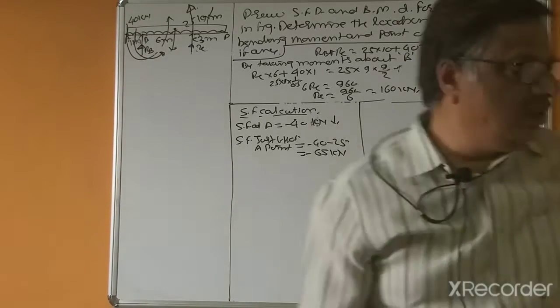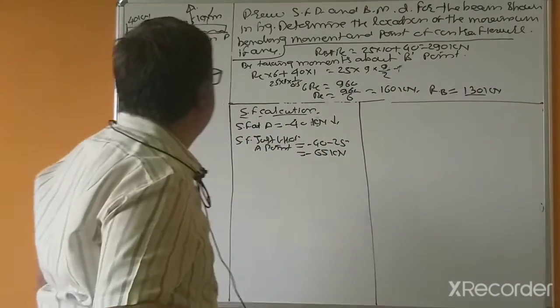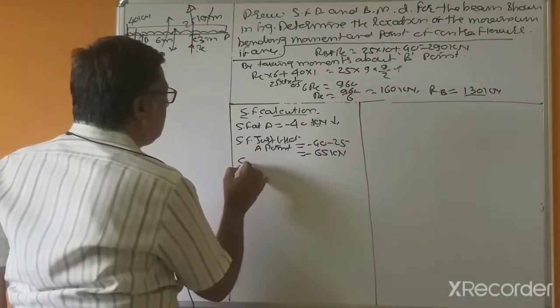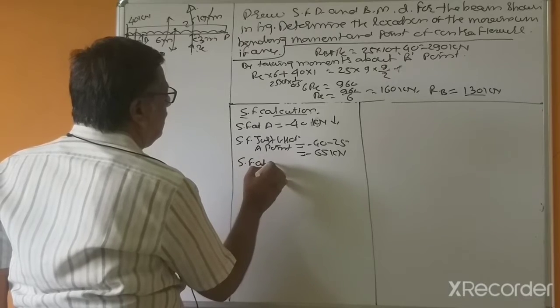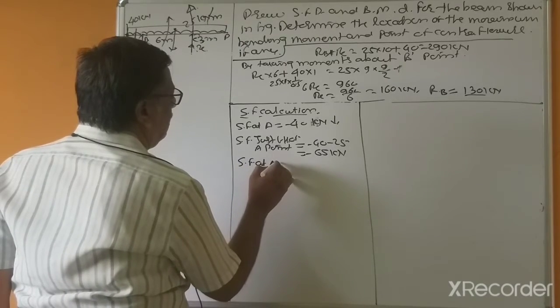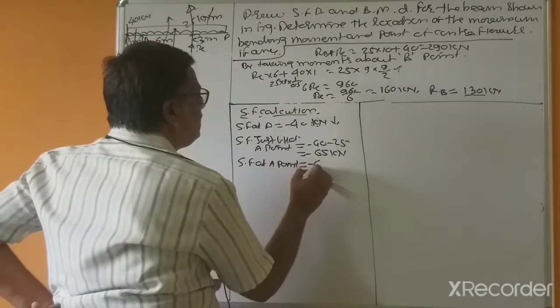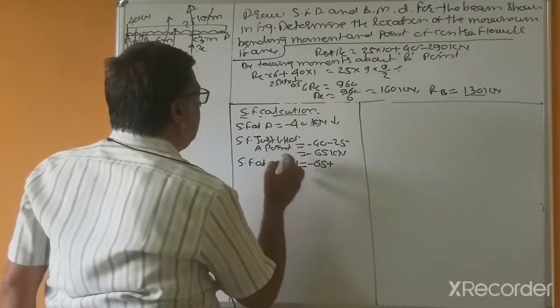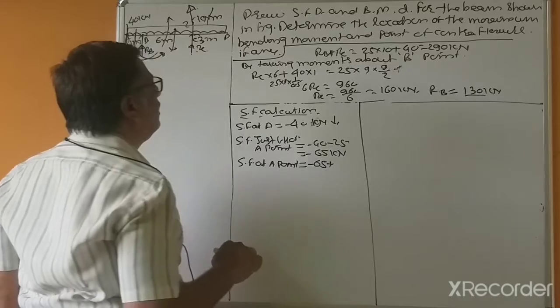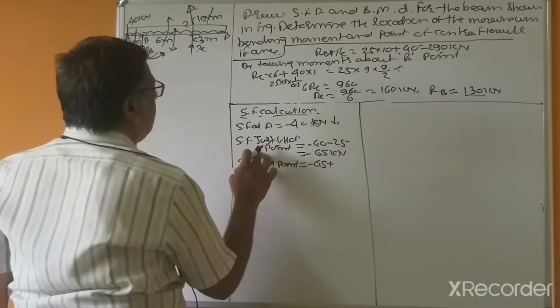Shear force at A point means this is actually right hand side, minus 65. This is shear force at A point, right?